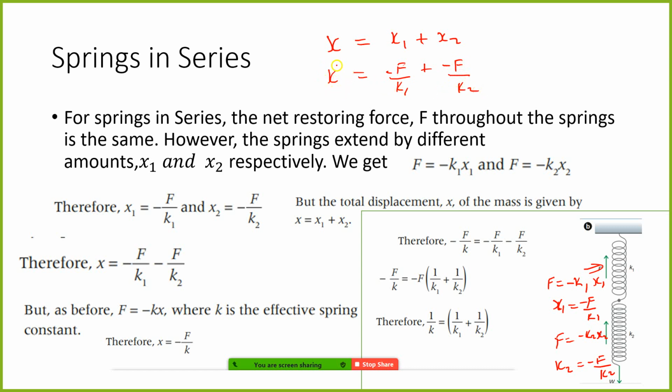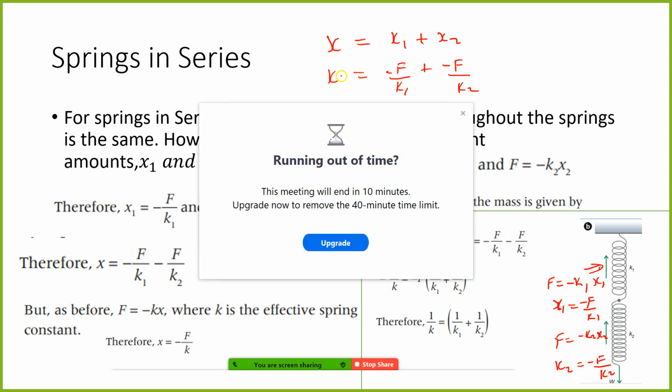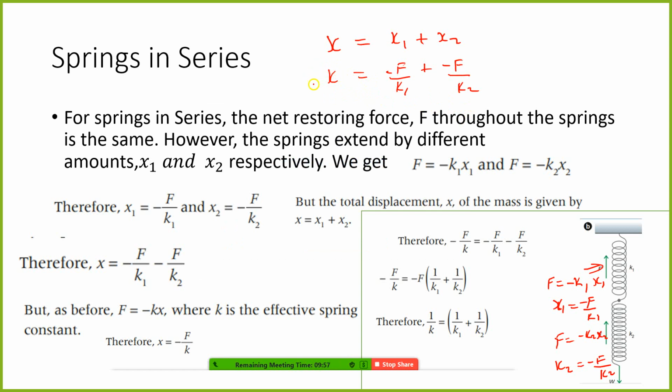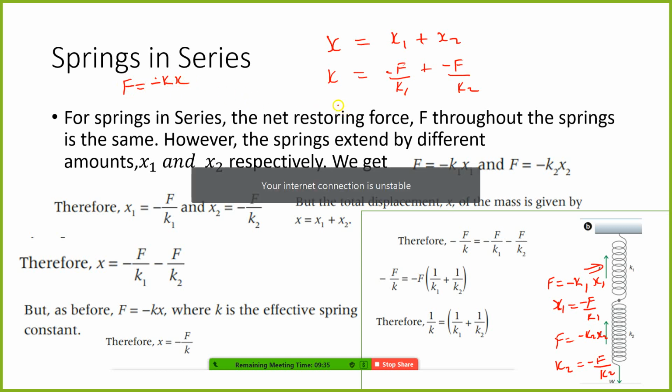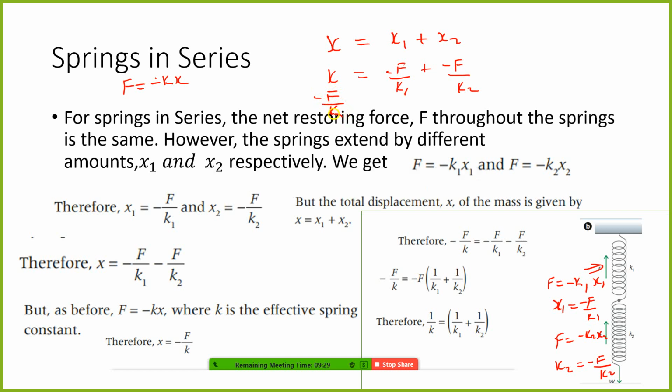Now, what we must understand is that this total displacement is related to the combined spring, which is going to have a total restoring force, and this big X right here, this displacement X, can be linked to this equation that says, obviously, force is equal to minus K times X. If I make X the subject here, then what I'm left with is minus F divided by K, where this K is the effective spring constant of the spring.